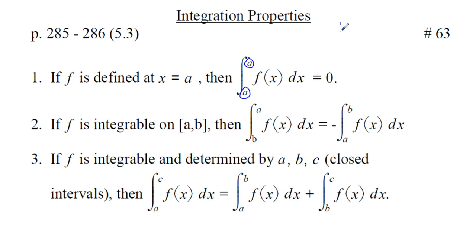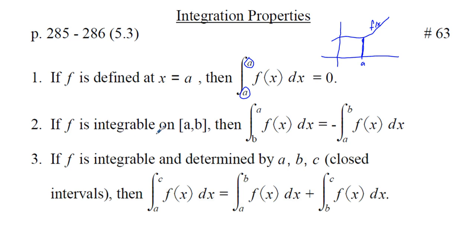So what that is looking like graphically is this. If you have a function like this, and you have a value a, this is f of x, you're essentially looking at an area of a line segment that's infinitesimally small, and thus we have a 0.